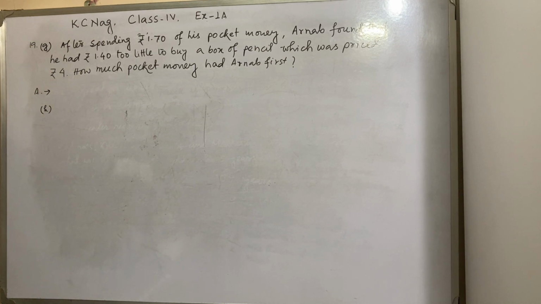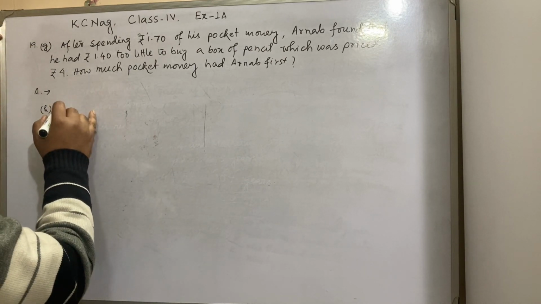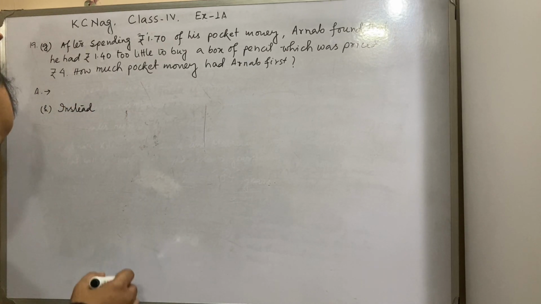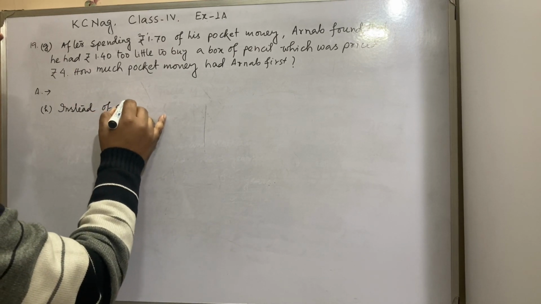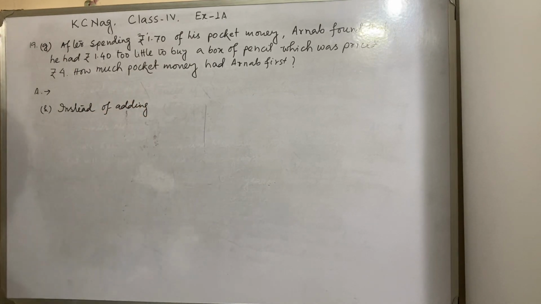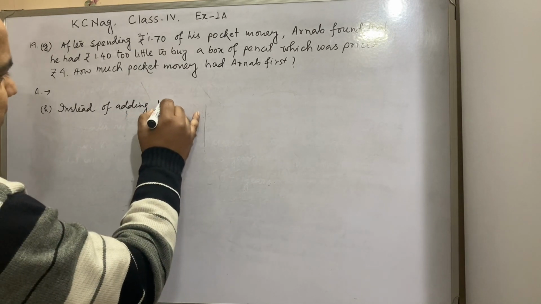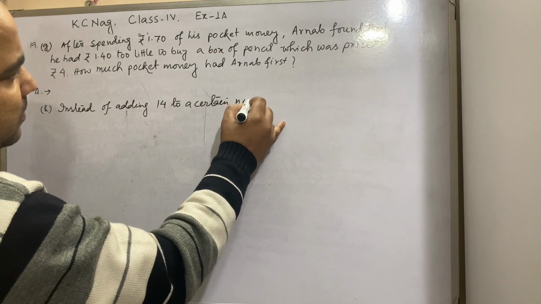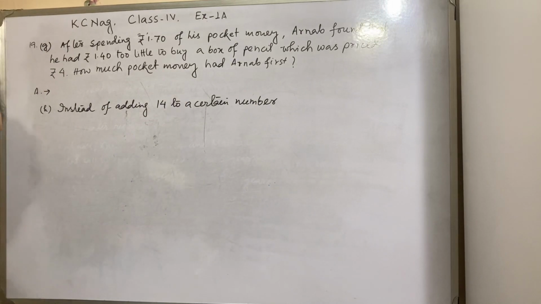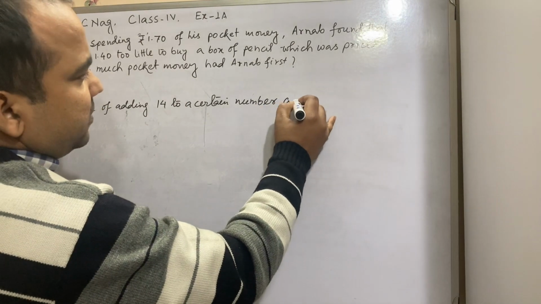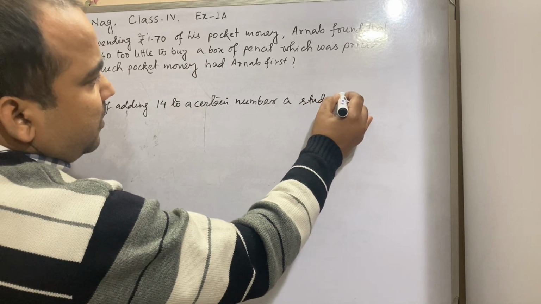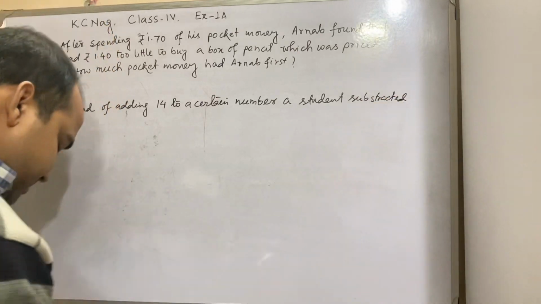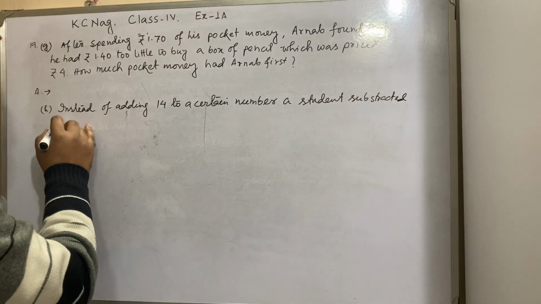Okay, 19 part H. Instead of adding 14 to a certain number, a student subtracted 14.